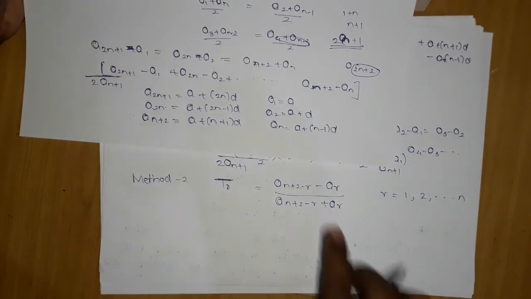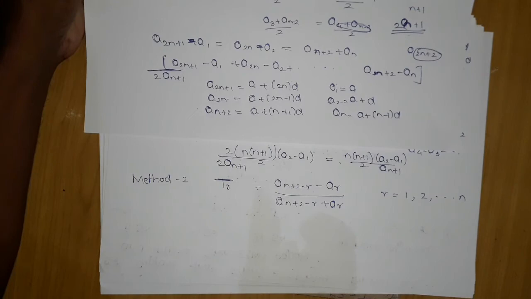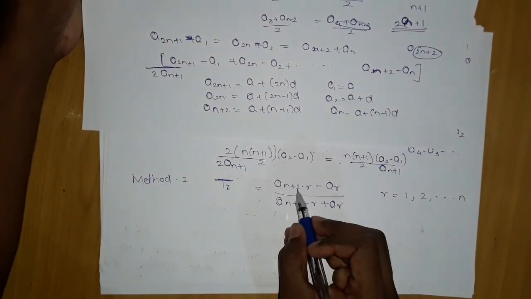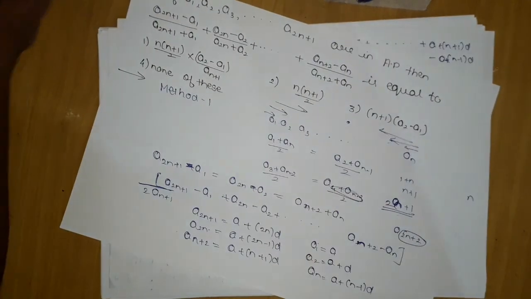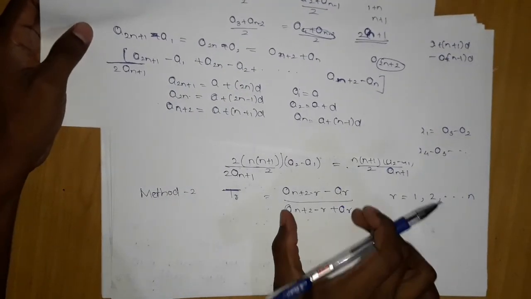Okay, now if I put here 1, we are getting 2n plus 1. If I put 2, I get 2n minus 1. Okay, like that, and so on, so that it is decreasing, and it is reaching to n plus 2. Okay, so in method 2 we have assumed the general term.